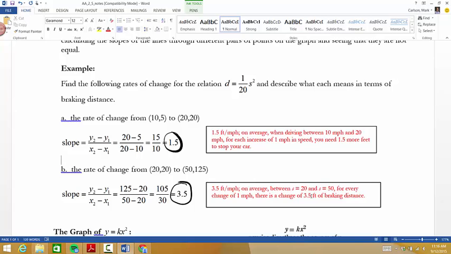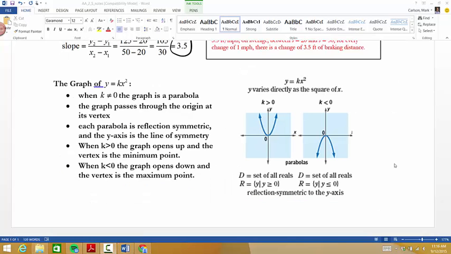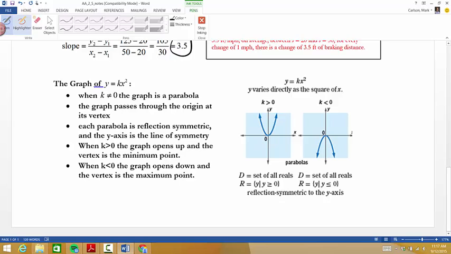Finally, we'd like to take a look at some properties of graphs of the form y equals kx squared. We know that when k is not equal to 0, the graph is a parabola. The graph passes through the origin, so just like the other direct variation situations we've been looking at, the graph of that form is going to pass through the point 0, 0.